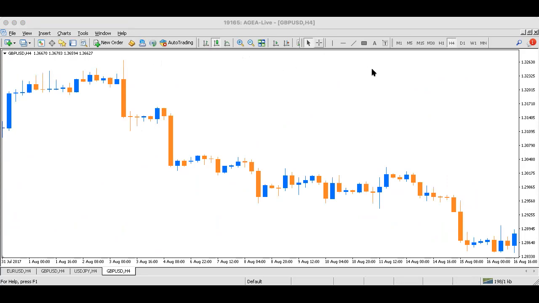Now we had our first sandwich. But it defied our first rule. We didn't get any consecutive bearish candle. So what do we do?